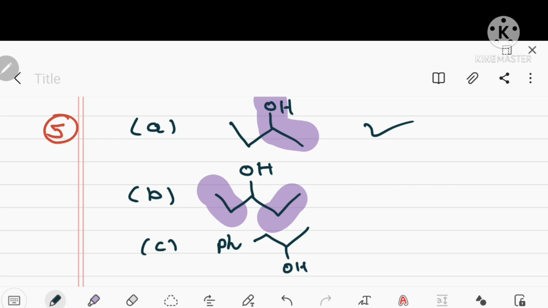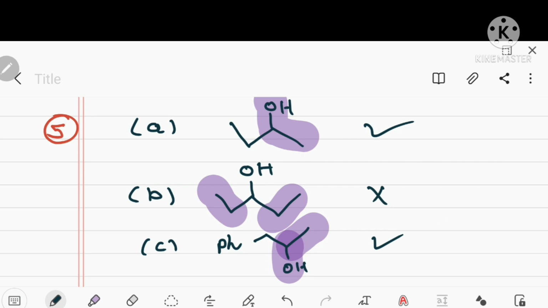So this will not give the iodoform test, whereas this compound C can give methyl keto, this one having methyl, because a secondary alcohol can convert into that, and that kind of species can give methyl keto, and then methyl keto can give the haloform test.